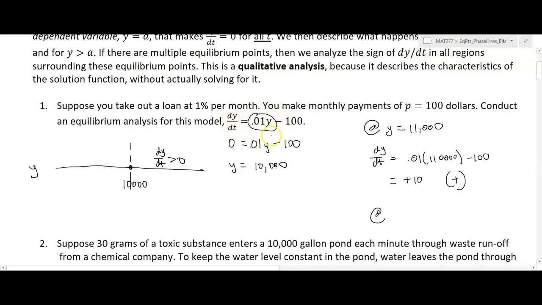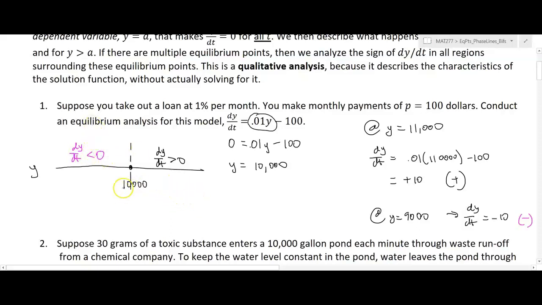This function, and most of our functions, are defined for all y and t, so it's not really a problem. If we pick something like y equals 9,000, then dy dt is negative 10. The fact that it is negative is what's important, and that means that on this interval, dy dt is less than 0.